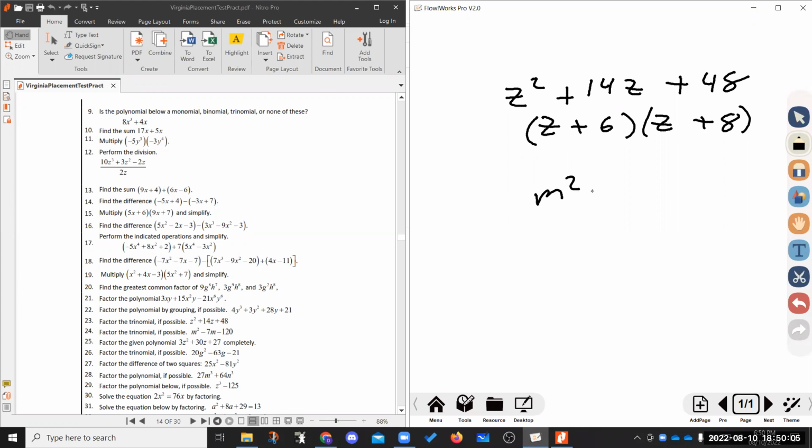Next, we're going to try to factor m squared minus 7m minus 120. Factors of 120 that have a difference of 7. List the factor pairs of 120. So they're going to have different signs, and the bigger one's going to be negative.